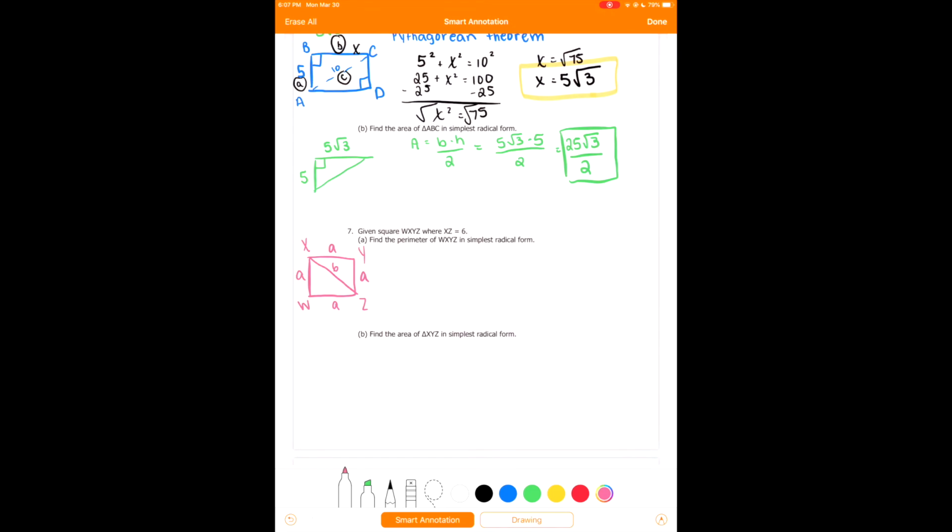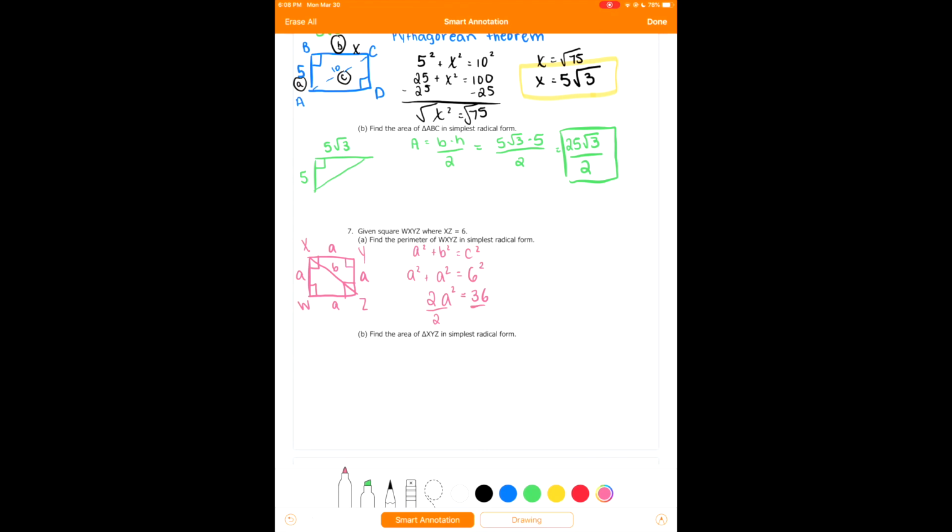So I know I can use again the Pythagorean theorem because these are all right triangles. And my longest side is going to be that 6. So I'm going to plug 6 in for C. And then I'm going to say A squared plus another A squared equals 6 squared. So A squared plus A squared equals 2A squared.